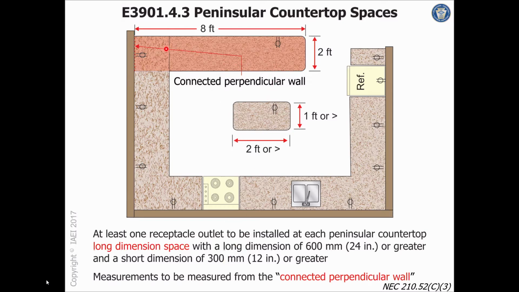In order for me to satisfy this rule under the 17 code and 18 IRC, it has to be located where? At the long dimension of this space right here. So it would either have to be located right here or right here to satisfy this rule.